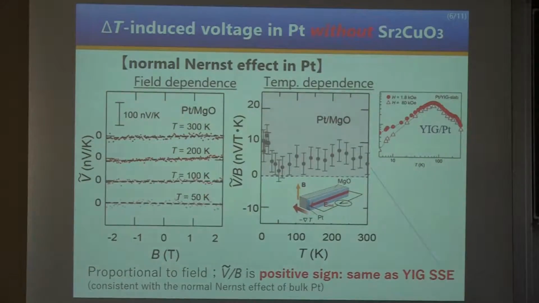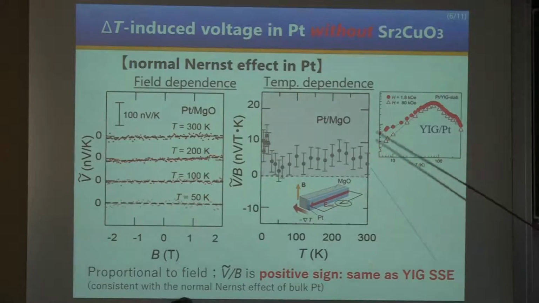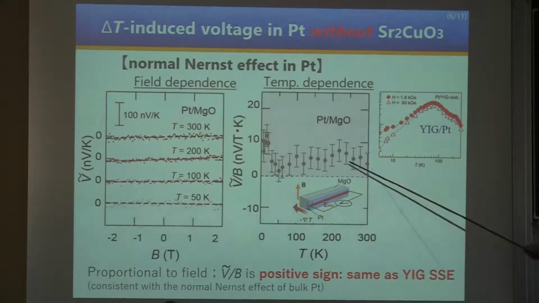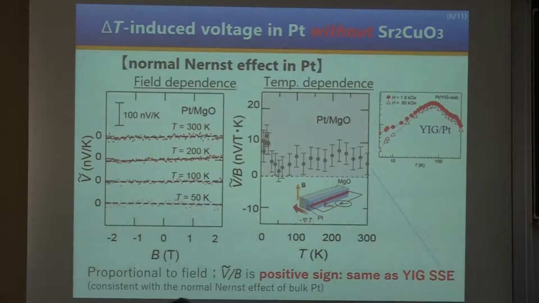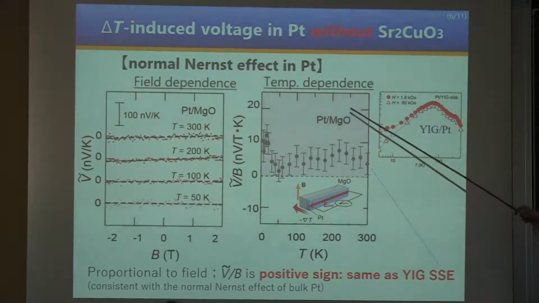Okay, so this is a result. This is a result for this sample without spin chains. So just the platinum film. This is the field dependence and temperature dependence. So what is observed is the ordinary Nernst effect of platinum.